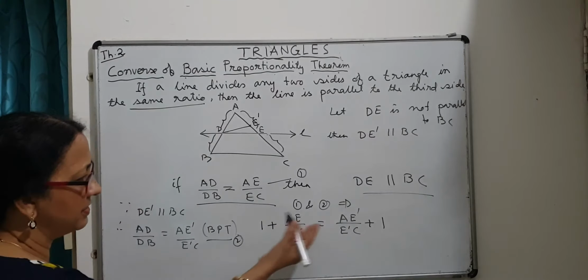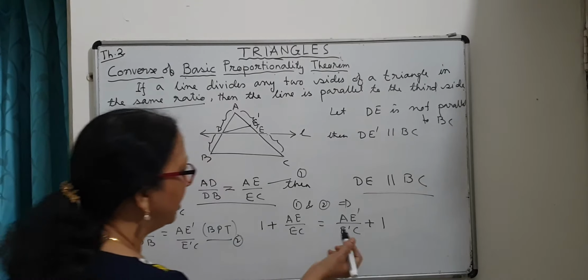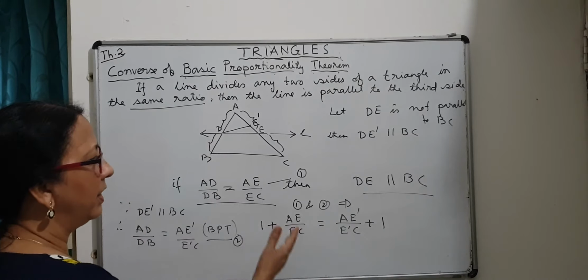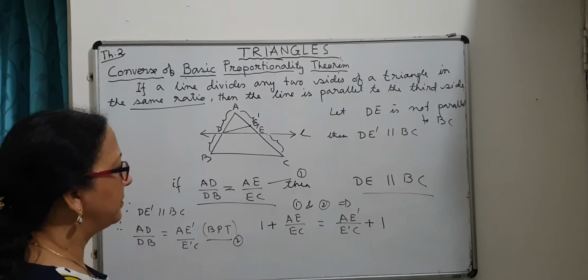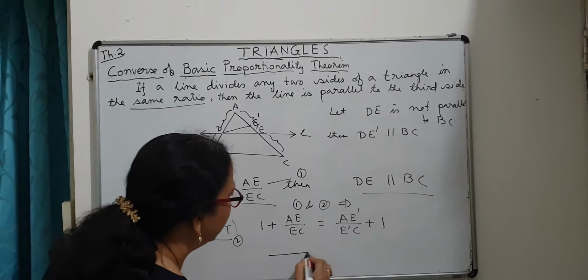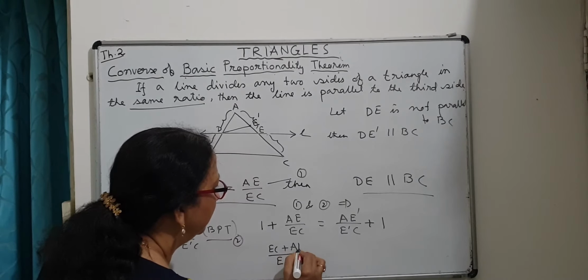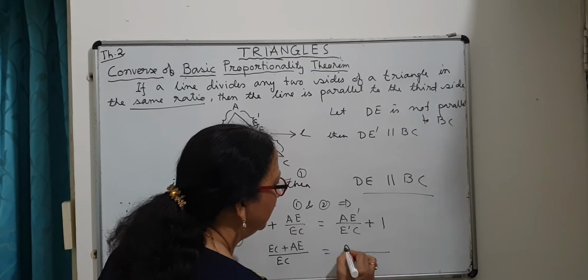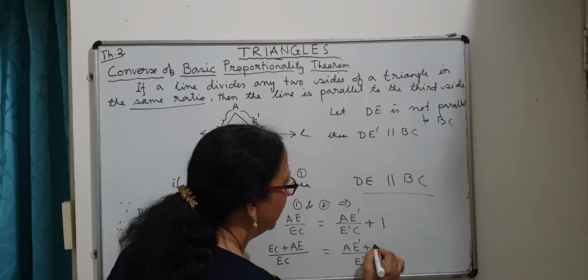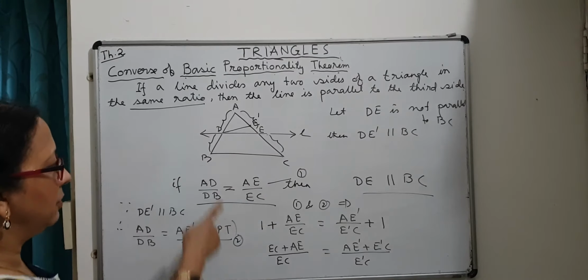Let's see what happens. This is a typical way of proving. We'll come across this kind of adding 1 or subtracting 1 many times when solving the questions on this triangle chapter. So let us see what happens. EC plus AE. We also take LCM, E dash C, AE dash plus E dash C. So by simplification, now you observe and look at the figure.